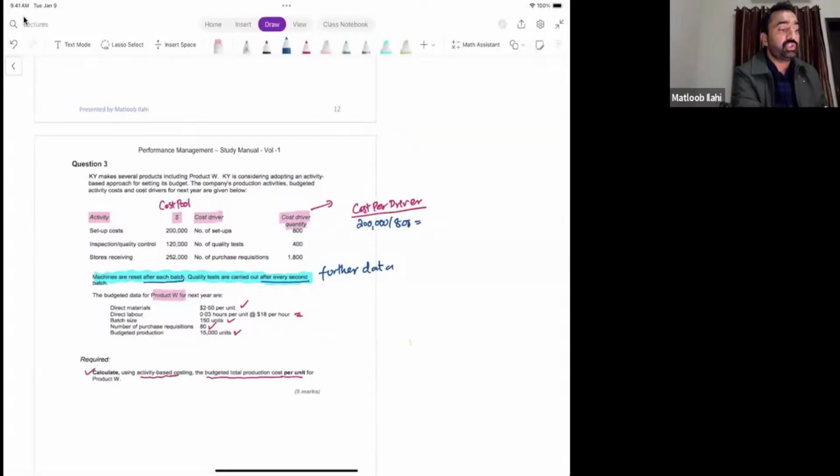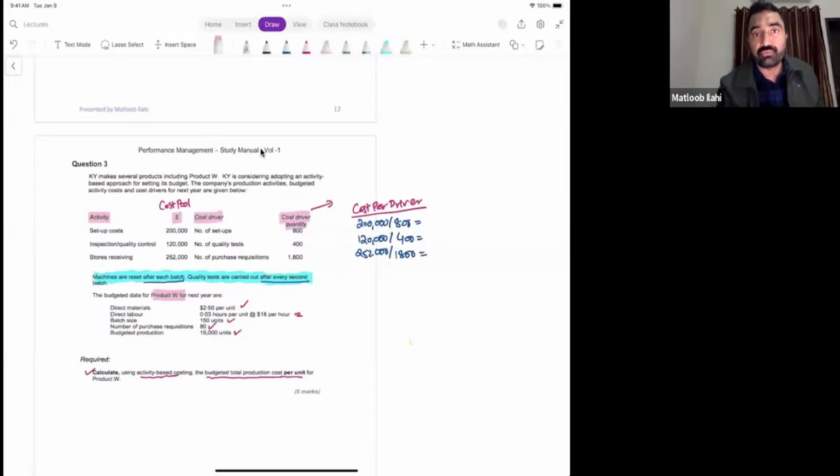Then for inspection quality control, that is 120,000 divided by 400. And for store receiving, it is 252,000 divided by 1800. So can you please quickly calculate all this?